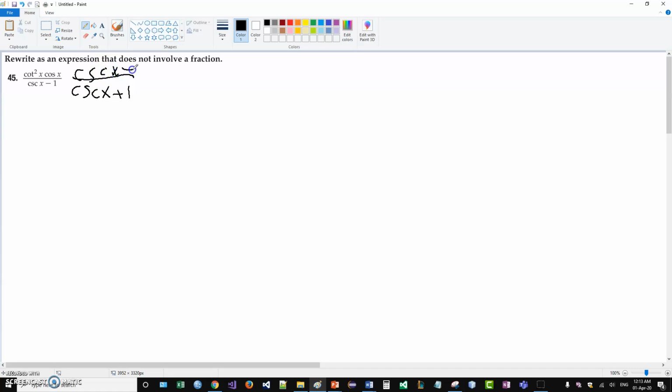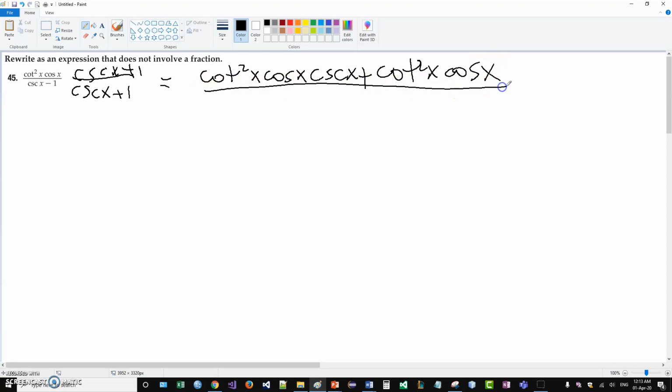Cosecant x plus 1. So that's cotangent square x cosine x times cosecant x plus cotangent square x cosine x over cosecant x minus 1 times cosecant x plus 1.